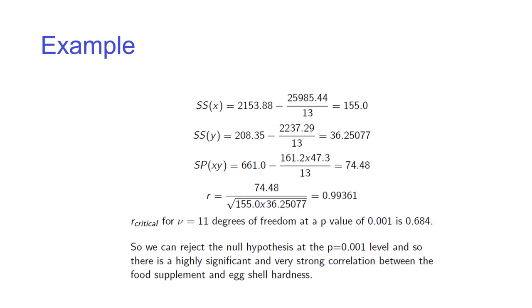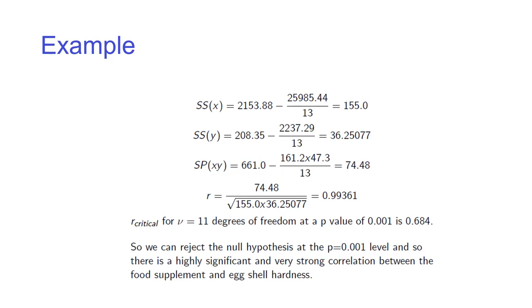But after doing all that, we end up with R equals 74.48 divided by the square root of 155 times 36.25, which happens to be 0.99361. That is slightly larger than the 0.98 that we got for Spearman's, saying that if I use the Pearson's, I've got an even stronger correlation between the amount of supplement being eaten and the egg hardness.